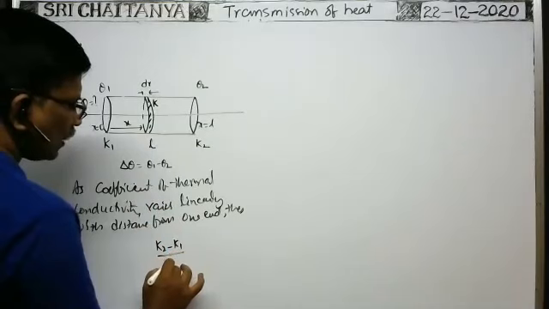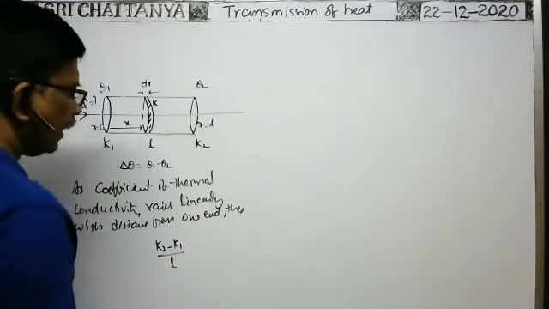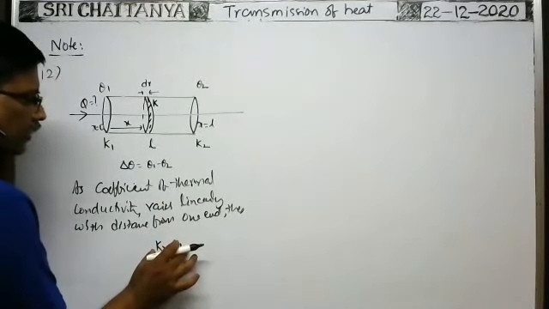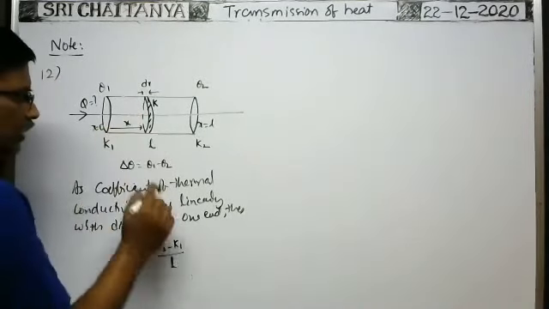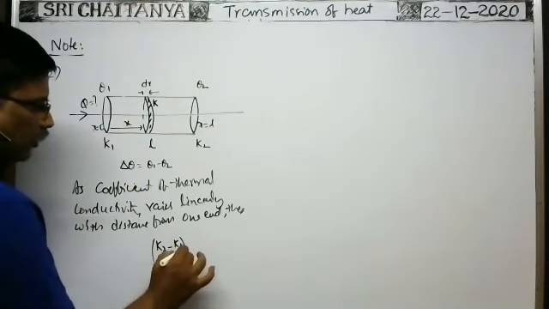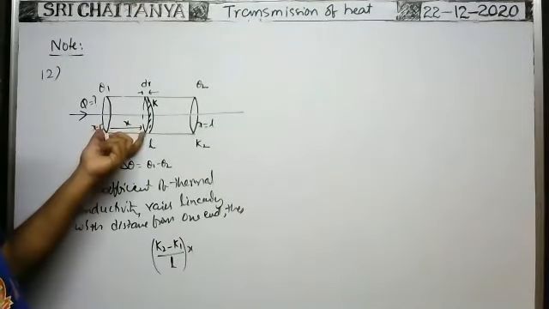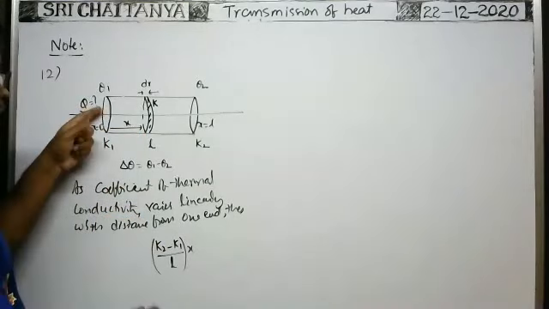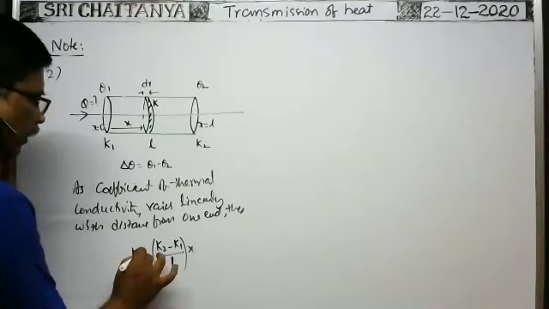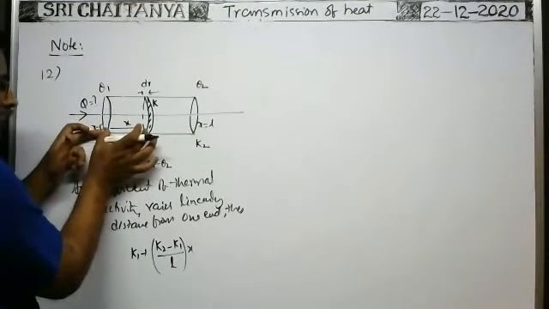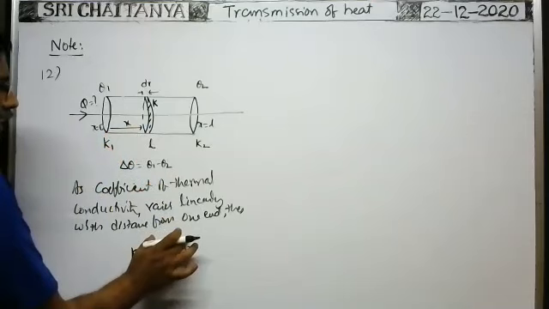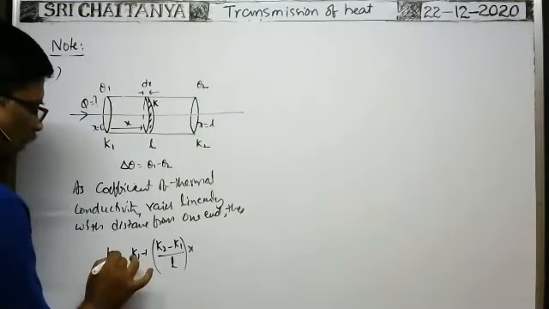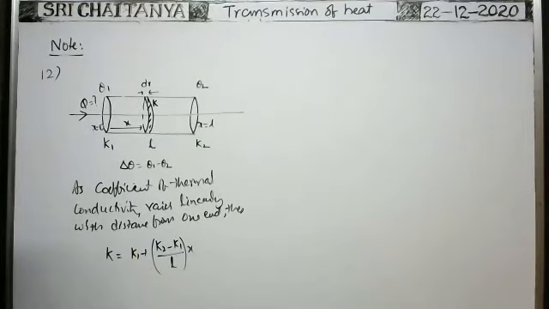Then the increase for unit length is K2 minus K1 by L. So for this much length x, the change in coefficient of thermal conductivity is (K2 minus K1) by L into x. The initial coefficient is K1, and to this K1 we add the change for this much length. That's why the coefficient of thermal conductivity of the element is K1 plus (K2 minus K1) x by L.